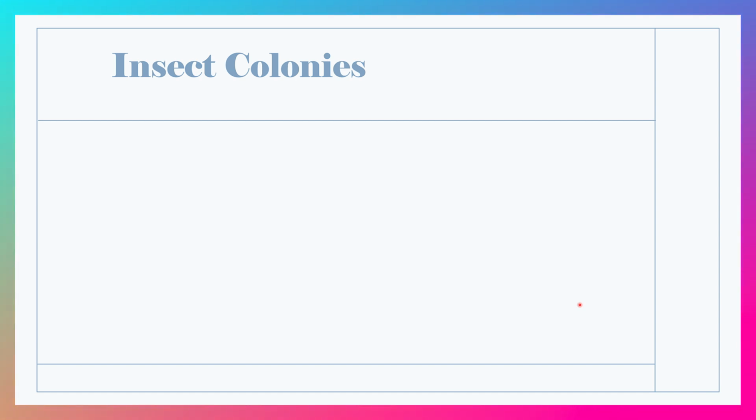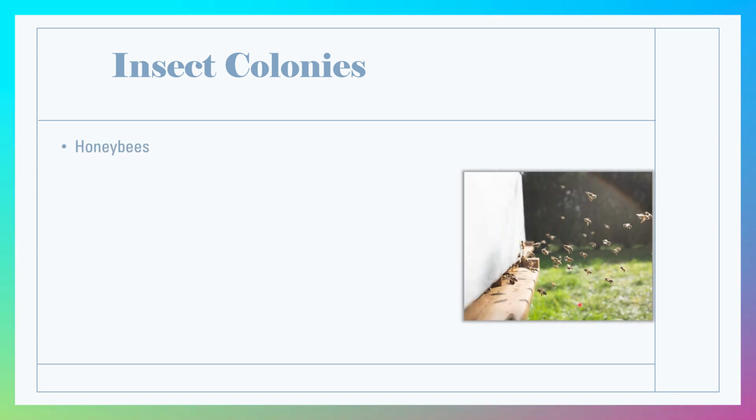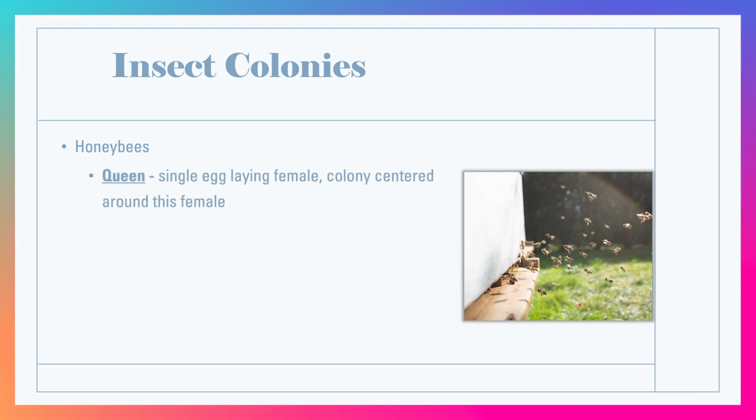Insect colonies are actually quite interesting, particularly the bee colonies, because of the way they're organized. Honeybees organize their colonies in a significantly organized and distinct way. There's usually a single queen in the colony, and the queen is the egg-laying female, and the colony is always centered around the queen.